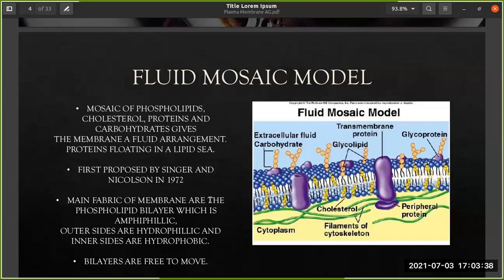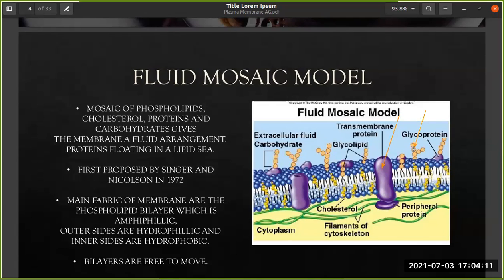So you have a sea of lipids which is fluid-like, and inside this you have a sea of lipid molecules. Let me use the annotate button. You have the sea of lipids here, and in between you have protein molecules coming up as mosaics.